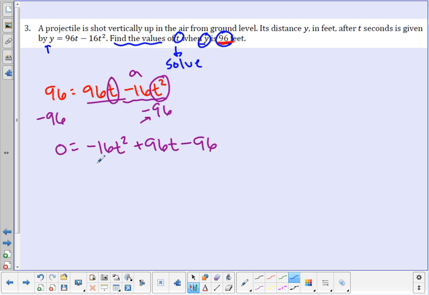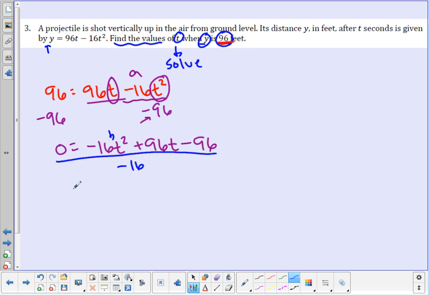First of all, because I recognized that these were all going to have a GCF that I could take out, I tried to see if I could factor this. I noticed that 96 and 96, obviously, same number, are both divisible by 16. So I divided the whole thing by negative 16 in hopes that I would get a 1 in front of that t squared, and then it would be really easy to factor.